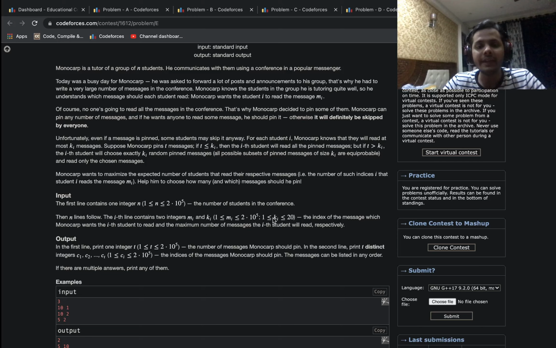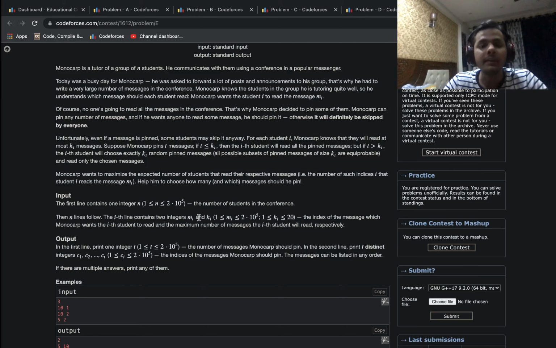Now for every day which is less than or equal to ki, the message mi, if it is included, is going to contribute 1 in the expected value, and if it is not included, it will be contributing a 0, right? And that is the case when the number of pinned messages is less than or equal to ki.